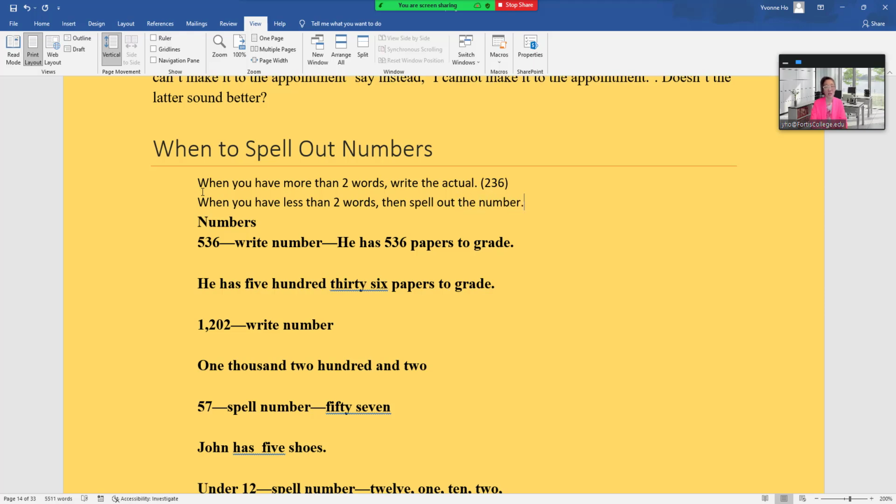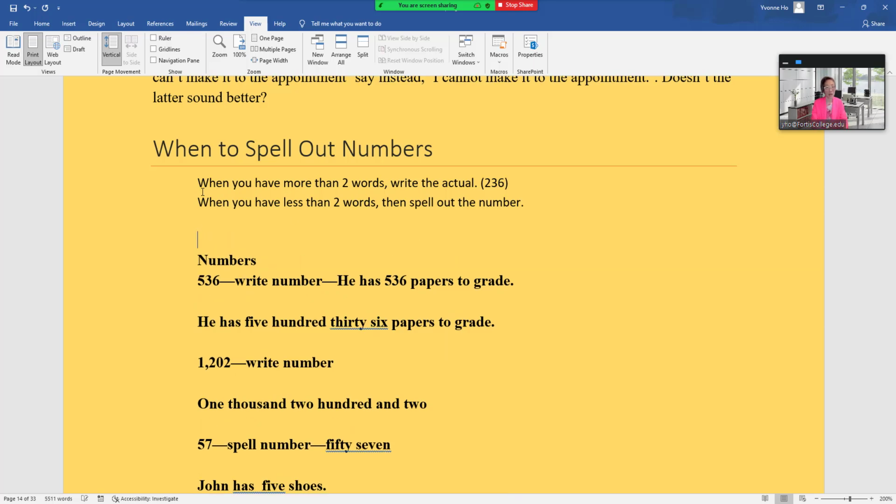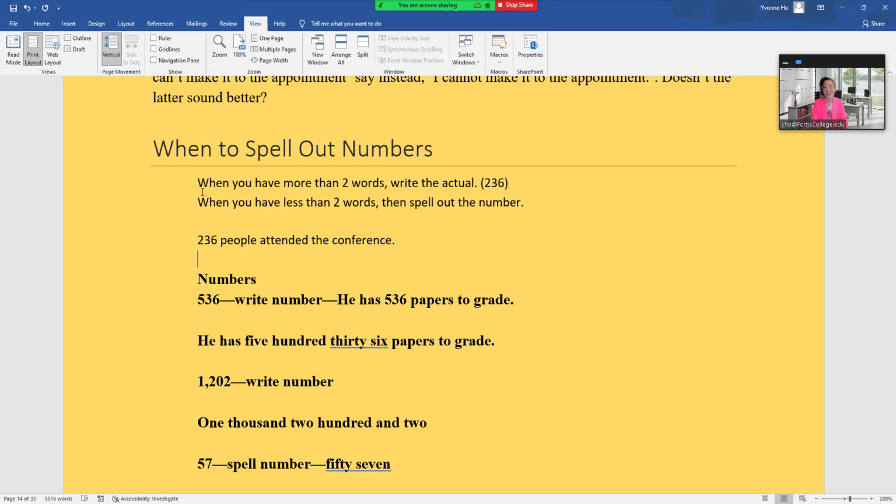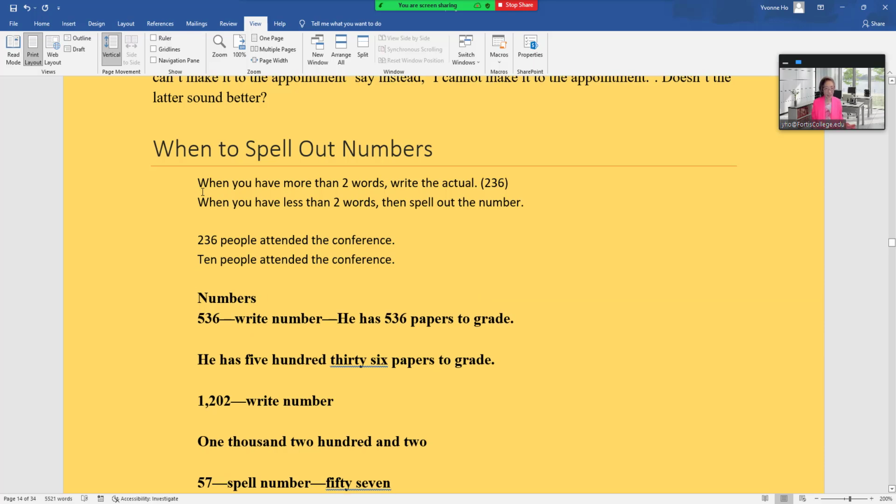And so if it's, in other words, 236, you just write 236 people attended the conference. But when you have less than 2 words, then you're going to write it out. 10 people attended the conference. I don't know why the rule is not written out, but anyway, that's beside the point.